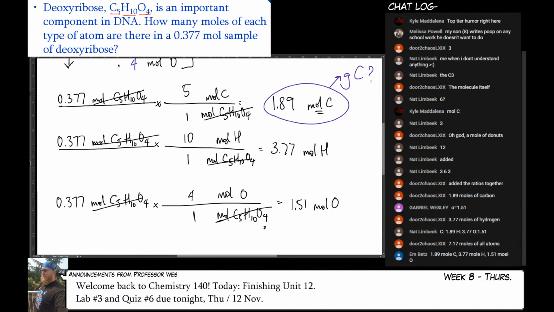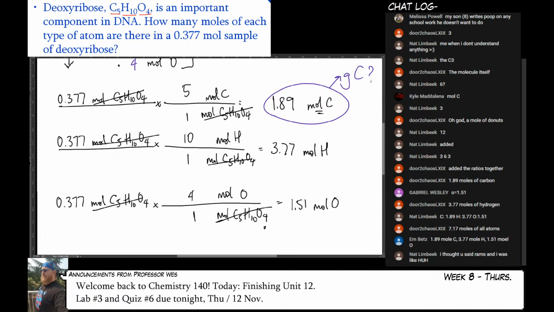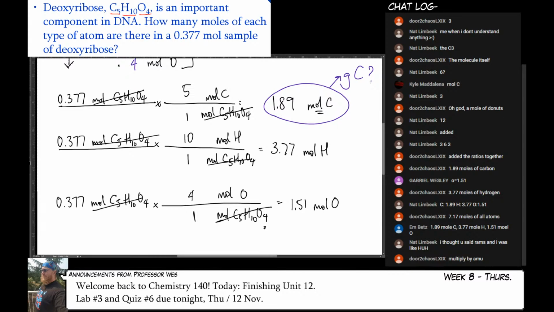Could you answer that question? Not moles, but grams. Yeah, the mass. And yeah, you would multiply by the number on the periodic table, right? It's atomic mass. And so that would convert from moles to grams.